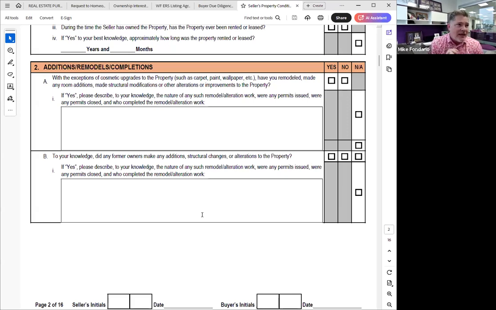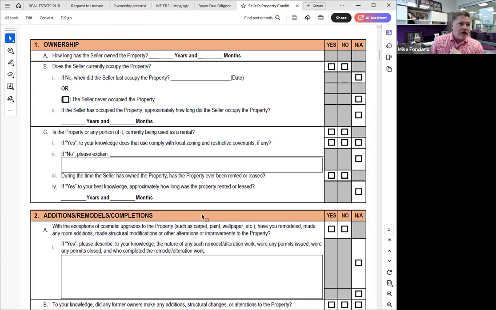Leslie says, if you have an ADU on the property, how do you disclose that properly? I'm thinking of a basement apartment. So I think there is a spot in this document to help us disclose that. But regardless, you can also fill out paragraph 1C, if the property or any portion of it is currently being used as a rental.